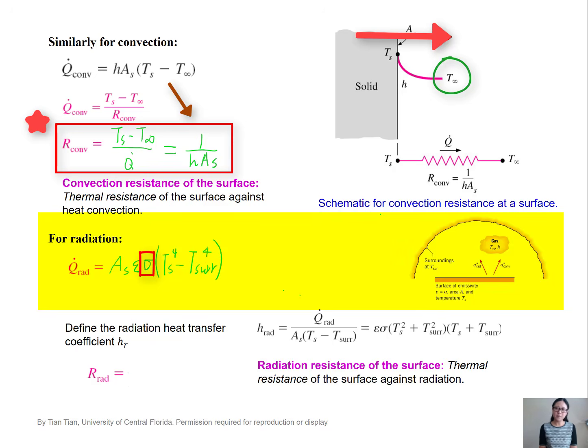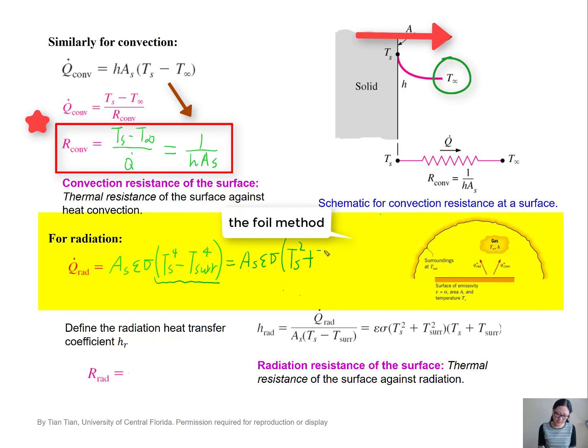Now let's use the FOIL method to rewrite this term. So it is (Ts squared plus T surroundings squared) multiplied by (Ts squared minus T surroundings squared). Then let's use the FOIL method again on this term.